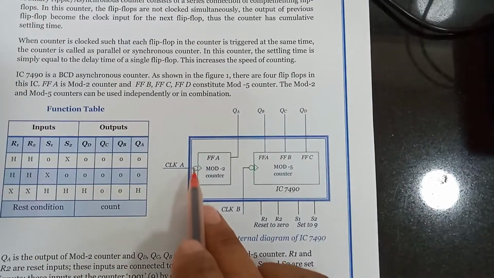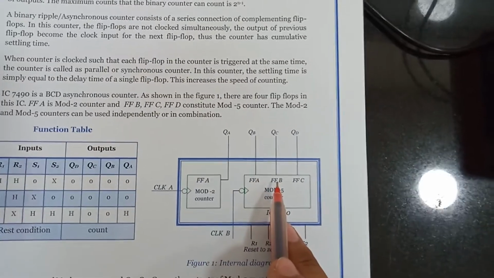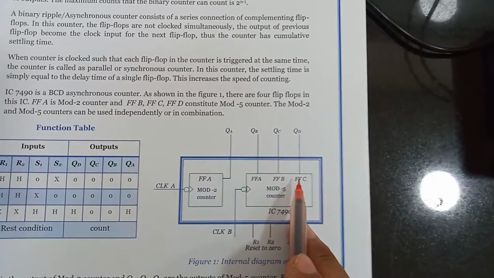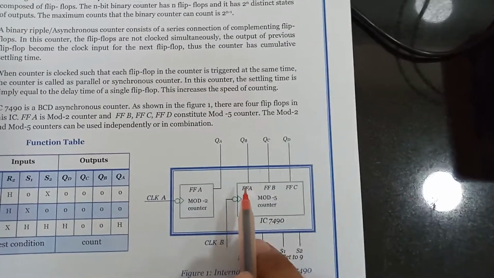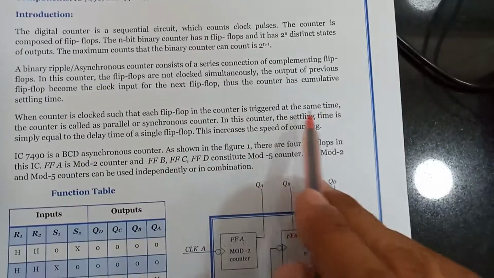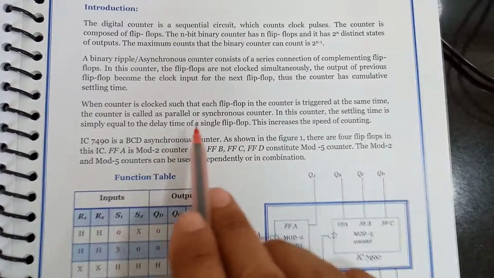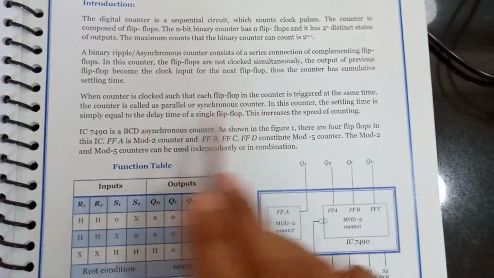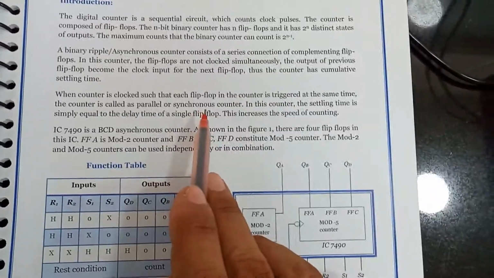Each flip-flop will have its own separate clock connection at the same time. If the flip-flops are triggered like that, then it is called parallel or synchronous counter.